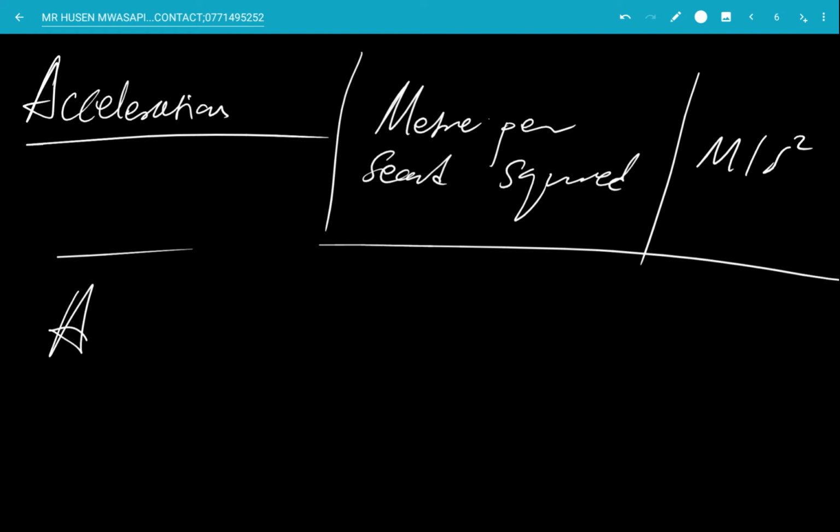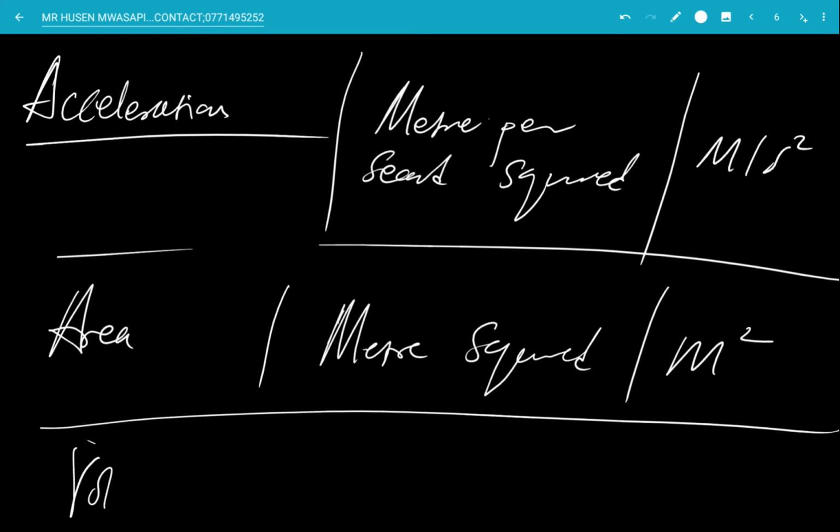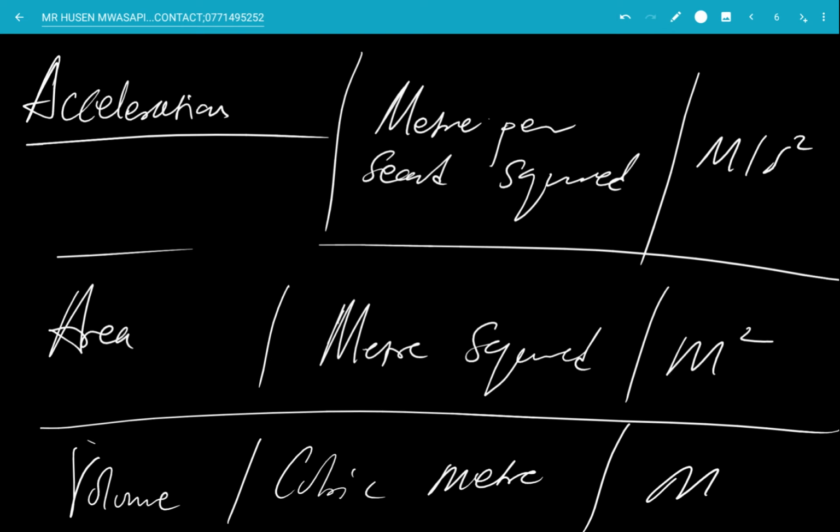We also have things like area, which is in meter squared or squared meters, which is m squared, and things like volume. Volume is cubic meters, which is m cubed. Now you need to understand that area and volume are quite different.